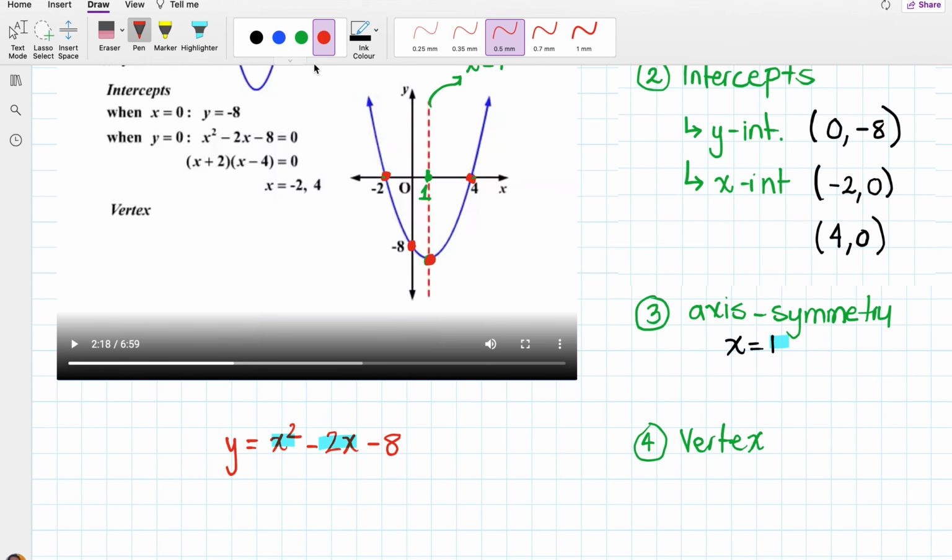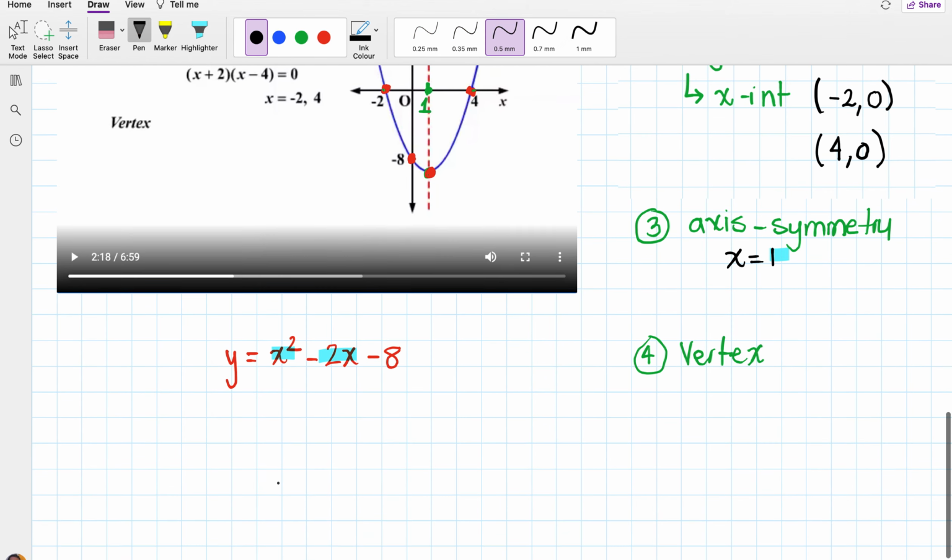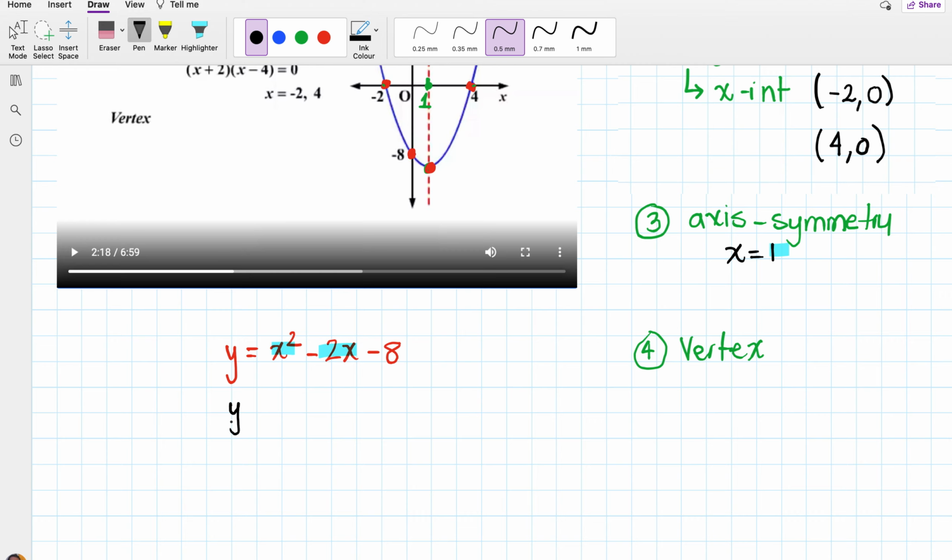Okay, girls? So to do that, I'm going to say, okay, y is equal to 1 squared, take away 2 times 1, take away 8, and this is equal to 1, take away 2, take away 8. Is that right? Yes.